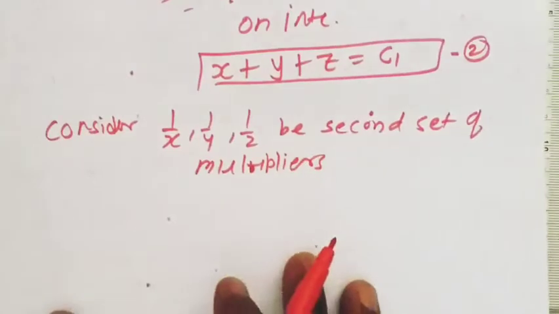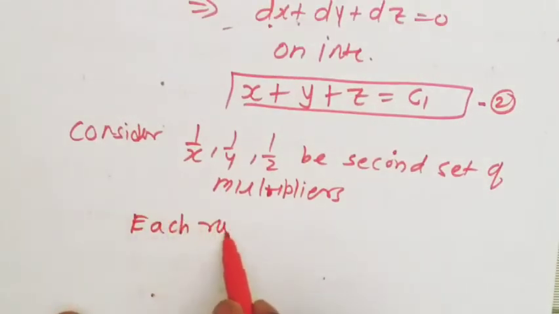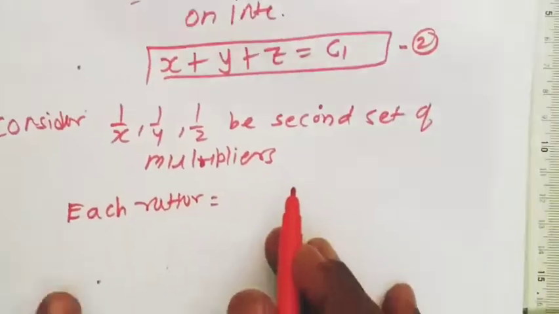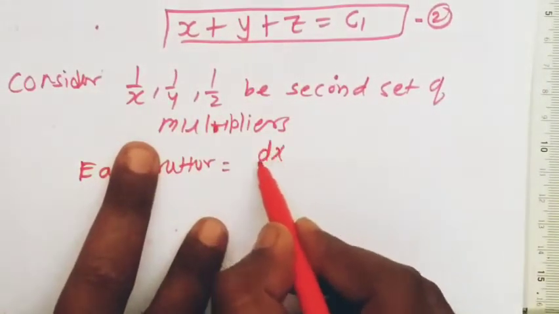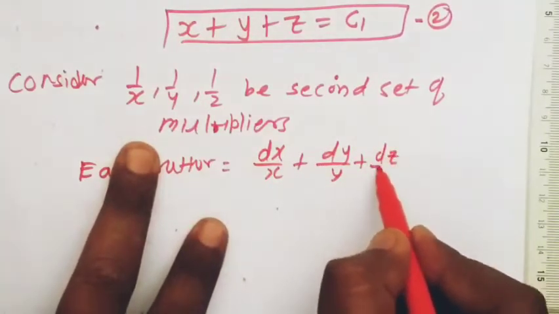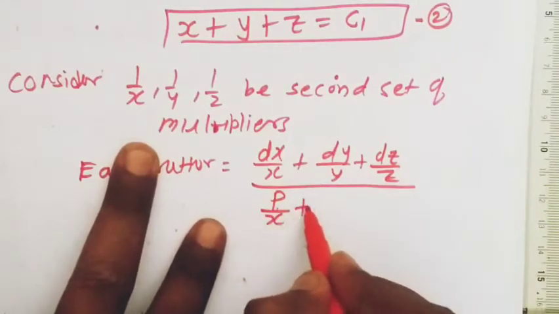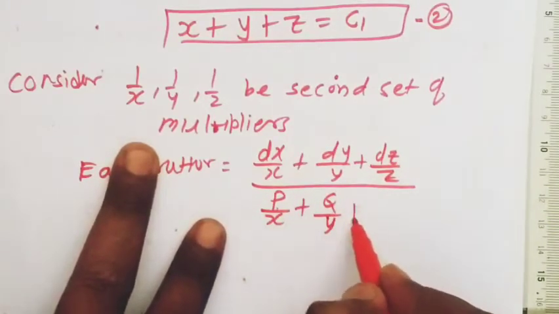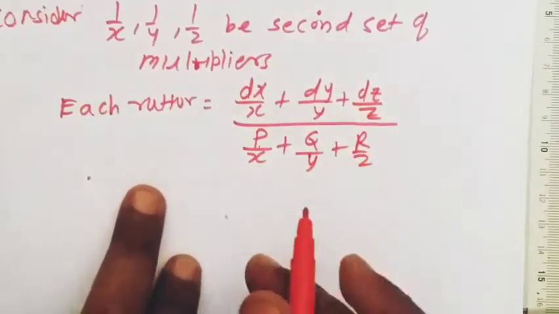Now for the second set of multipliers, we'll get each ratio equal to first multiplier into dx, 1 by x into dx, that is dx by x, plus dy by y, plus dz by z. This will be the numerator. In the denominator, we will have p by x plus q by y plus r by z, and we have seen that this addition becomes 0.